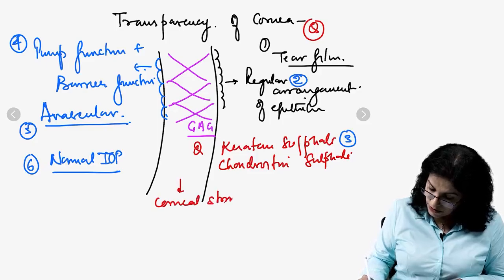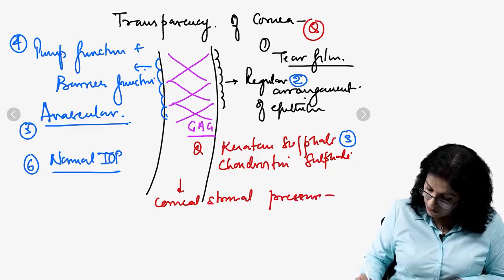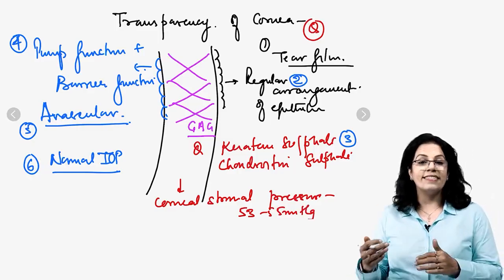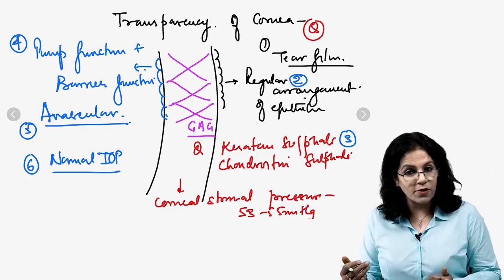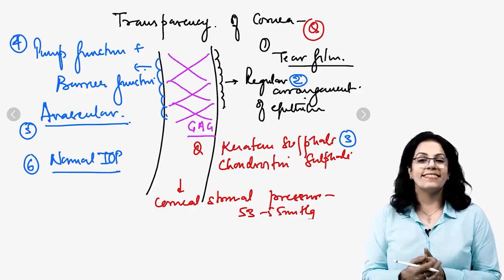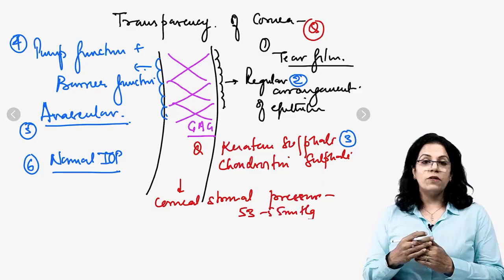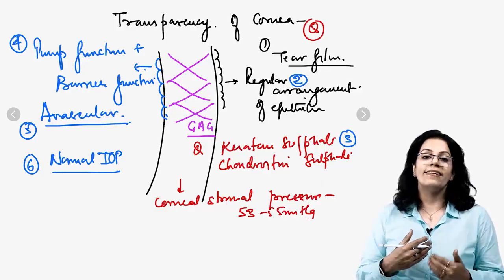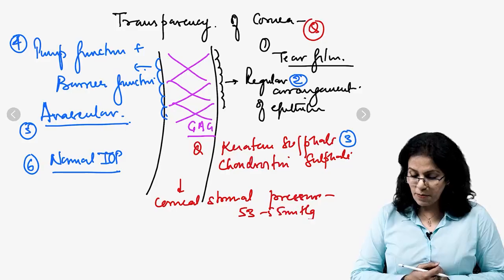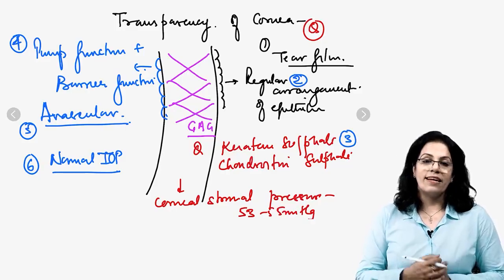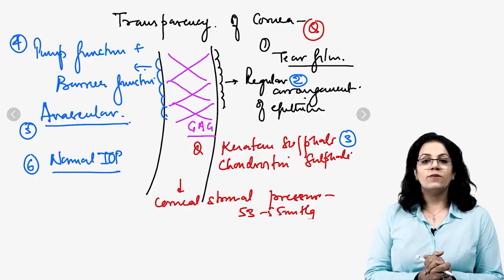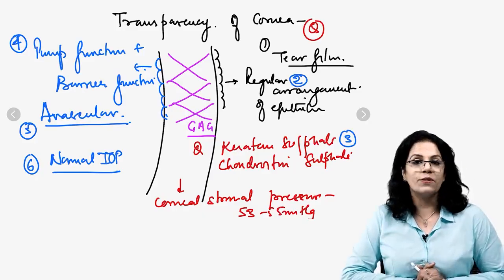Corneal stromal pressure, we are going to say, is around 53 to 55 millimeters of mercury. So, whenever it is more than that, it can lead to edema, and therefore, a normal intraocular pressure is also a very important factor. If you want to add more, the nerve fibers are not myelinated, even that helps in keeping the cornea in a transparent state. Right. So, these are the factors and these are the questions that you should remember.